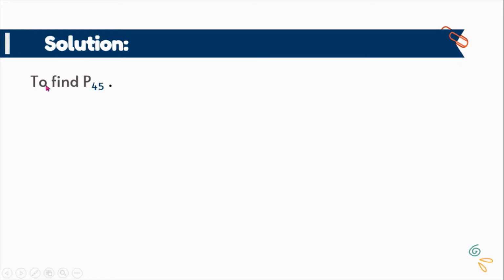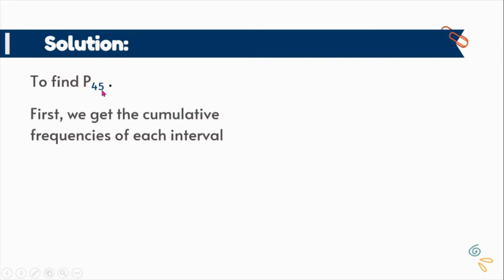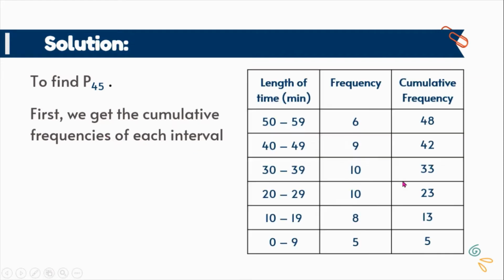So for the solution, to find the P sub 45 or the 45th percentile, first we get the cumulative frequencies of each interval. This is the cumulative frequency: 5, 5 plus 8 that's 13, 13 plus 10 that's 23, 23 plus 10 that's 33, 33 plus 9 that's 42, 42 plus 6 that's 48.